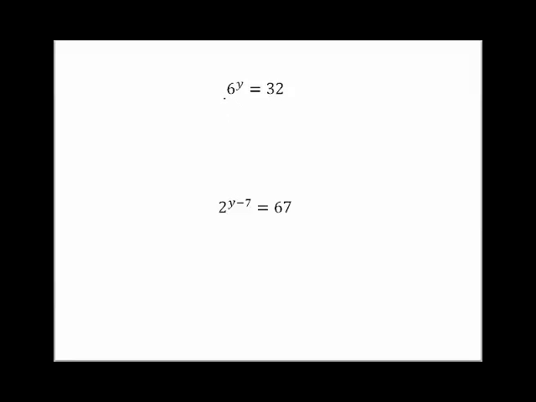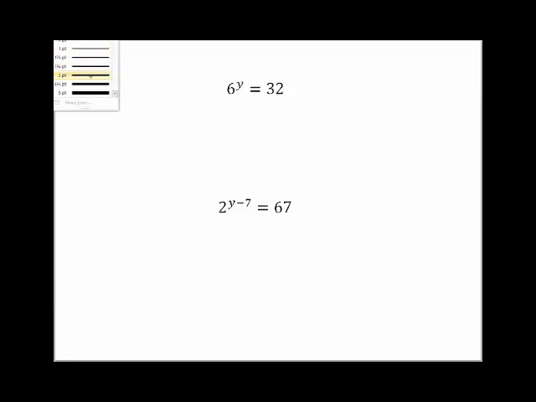If we add log to both sides of the equation, let me clarify this first. If I add 1 to both sides of the equation, am I changing it? No. I can add anything as long as I add it to both sides of the equation.